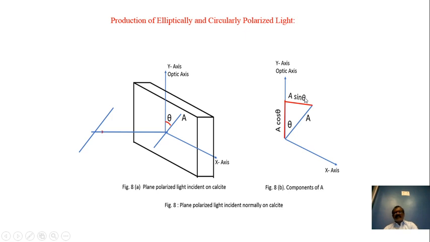Take theta equal to 45. We know cos 45 is 1 upon root 2 and sin 45 is 1 upon root 2. So this value becomes A by root 2 and it also becomes A by root 2. Means amplitude, we know this is small a. So small a is equal to A by root 2 and this small b is also A by root 2. Means both values become equal.